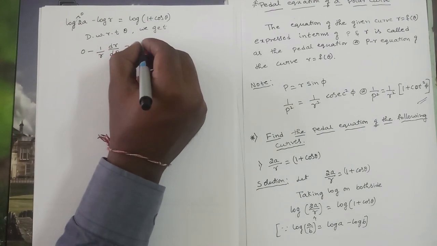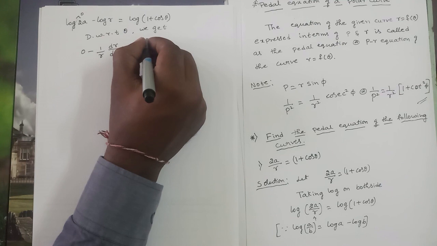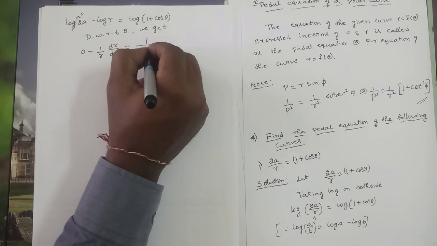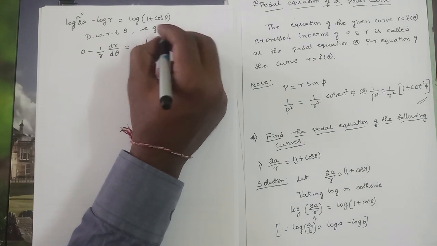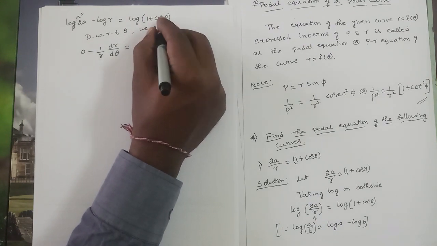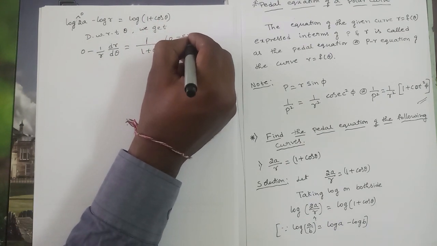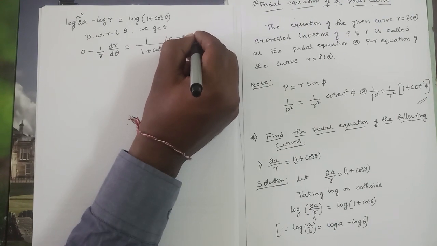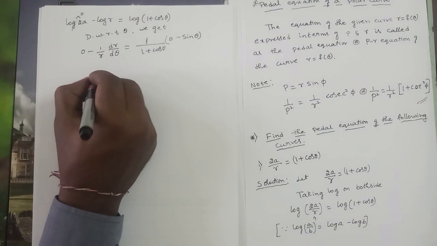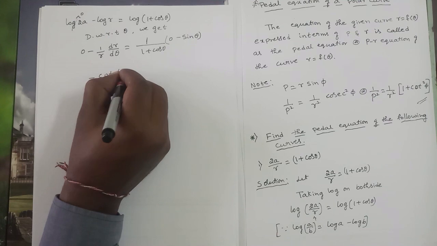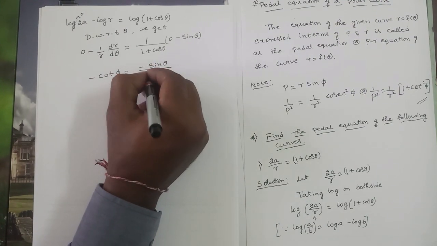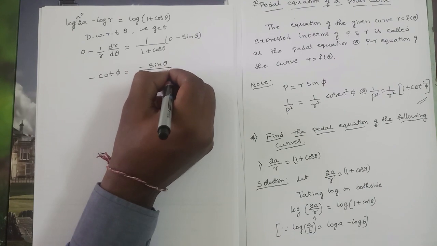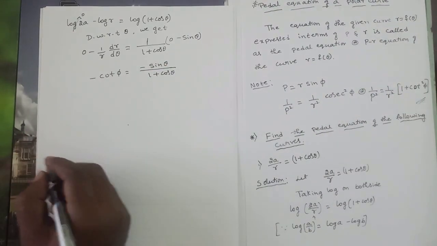On the right, 1 over 1 plus cos theta into the differentiation of 1 plus cos theta, which is 0 minus sin theta. Now minus cot phi equals minus sin theta divided by 1 plus cos theta.